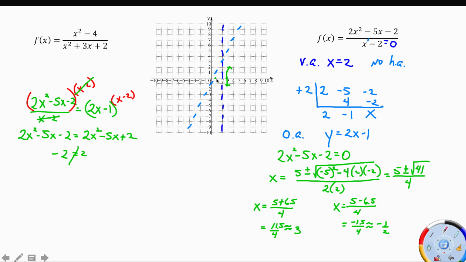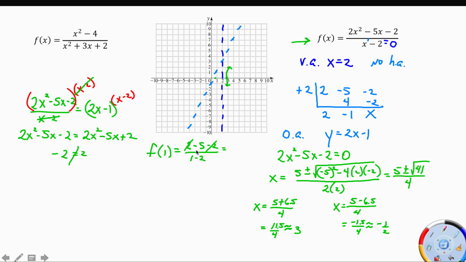Let's just, to see what's happening, get a point when x is 1. So let's plug into my function when x is 1. I have 2 minus 5 minus 2 over 1 minus 2, or negative 5 over negative 1.